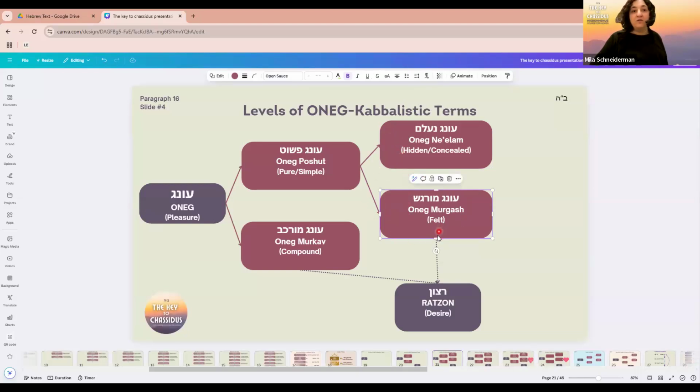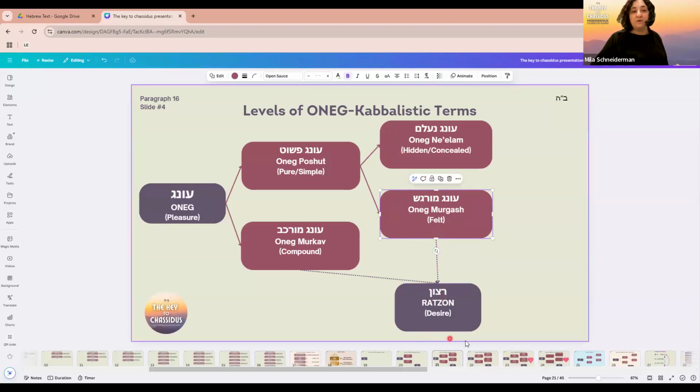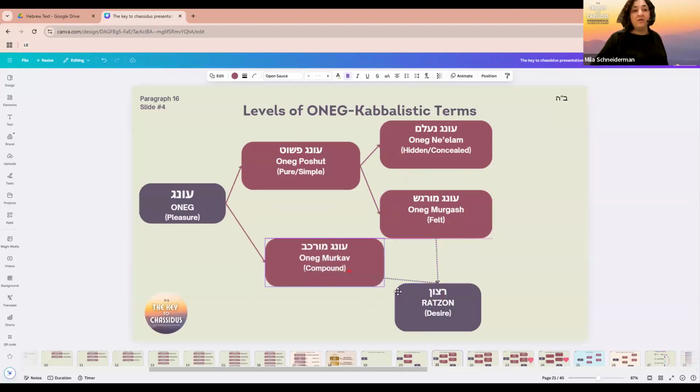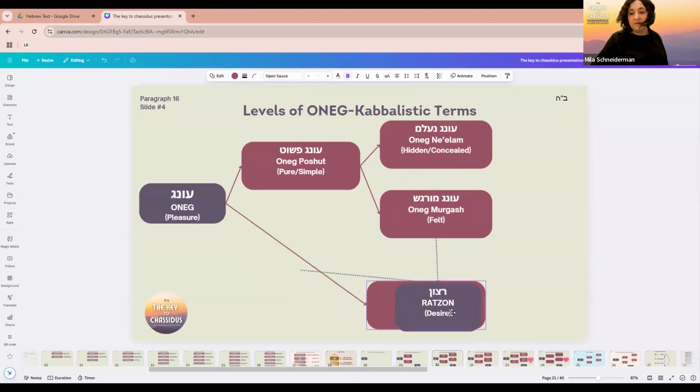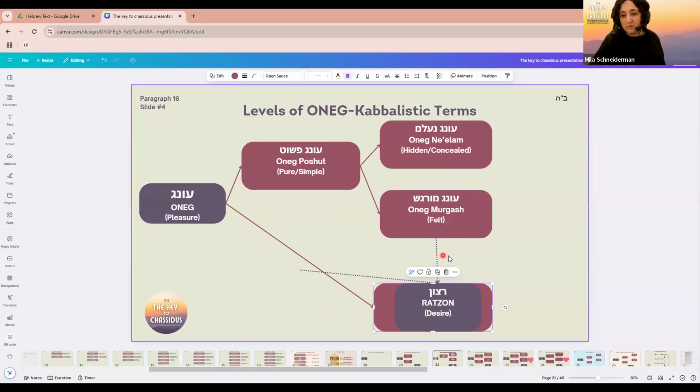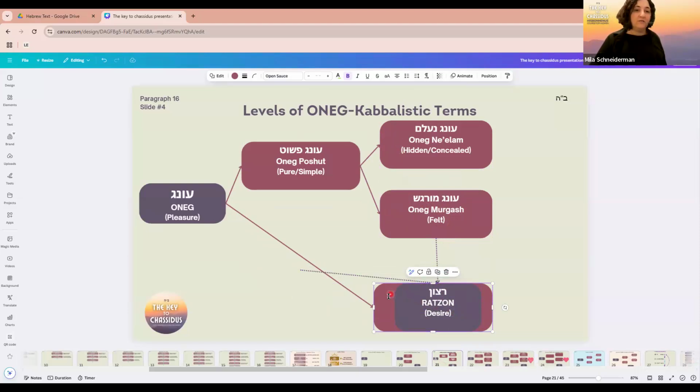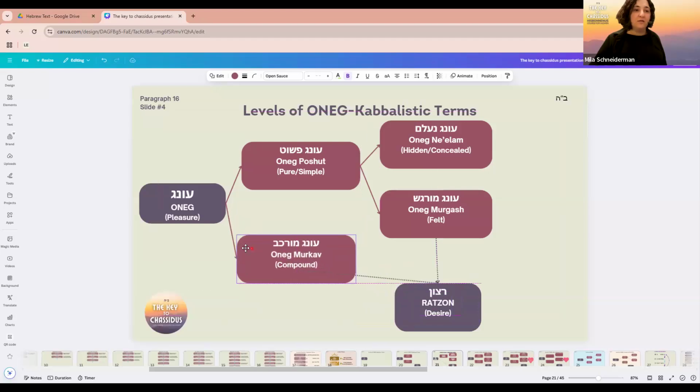Now this oneg murgash becomes the source for this ratzon. This level actually encloses inside, like that. And this one becomes the source. What's the difference between them? What do you think it means that one becomes a source for something versus something becomes enclosed in it?